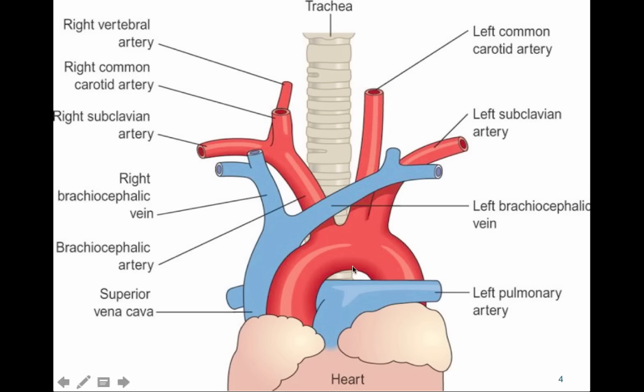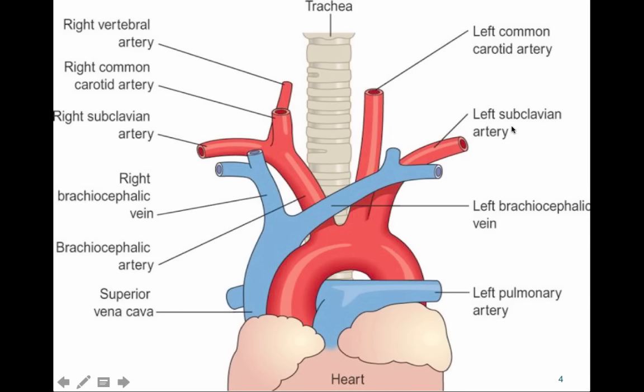But basically, you have blood that is being pumped from the heart, and it is passed through the common carotid artery. You can see there's the right common carotid artery, which is that artery there. And then you also have the left common carotid artery. These are the main carotid arteries, the right and the left common carotid artery.